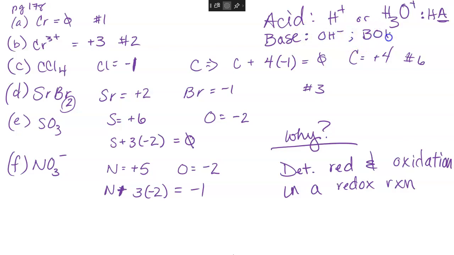So sometimes shorthand we write it as BOH, base being anything in front. It is a proton acceptor because the OH accepts the proton and becomes what? Water. That's a neutralization reaction. That's why water is considered a neutral solution, though water itself can act as both an acid or a base, accepting or donating a proton, depending on what it's mixing with, called amphoteric. So this is always the case, you'll always have OH or base.